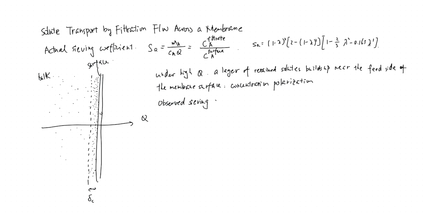The observed sieving coefficient, we call it SO. SO is the ratio of CA at the filtrate divided by the concentration in the bulk.